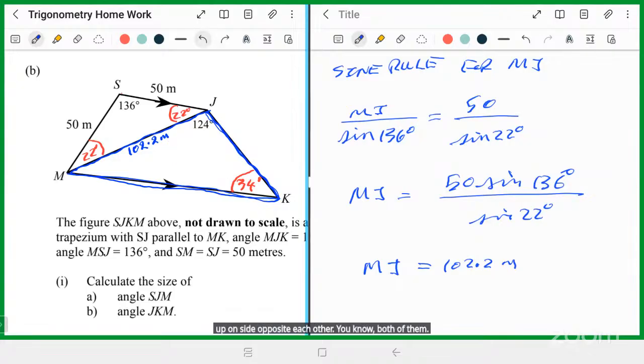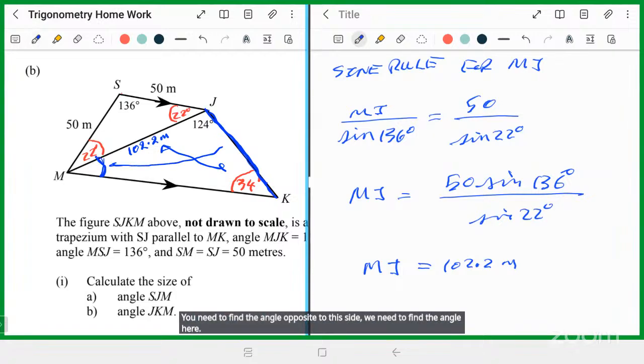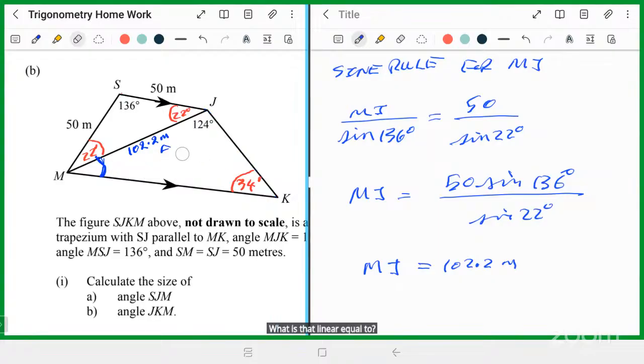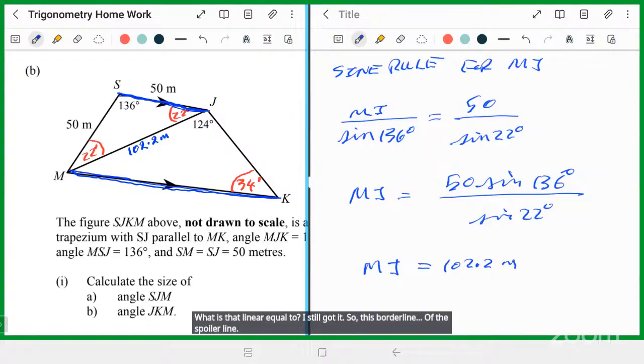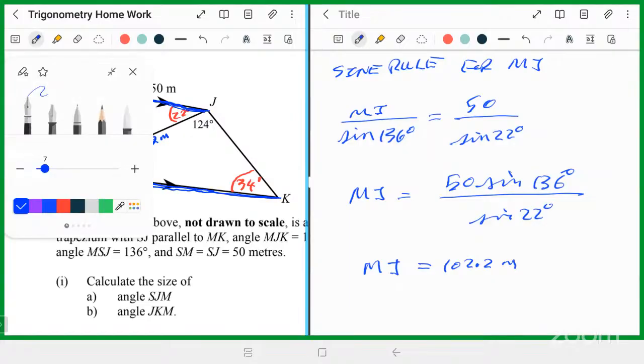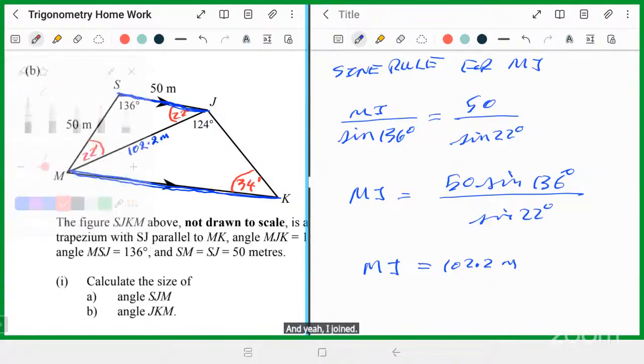But remember, we're trying to find this side. To find this side, we're going to use this pair. You need to find the angle opposite to this side. We need to find the angle in here. What is that angle in here equal to? Let's look at it. We have these parallel lines, and they are joined by this transversal line.